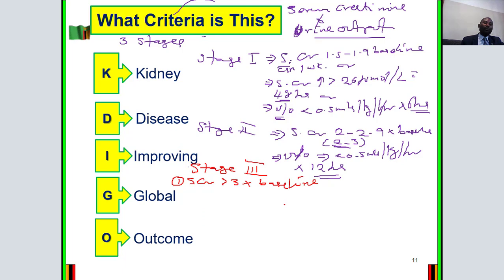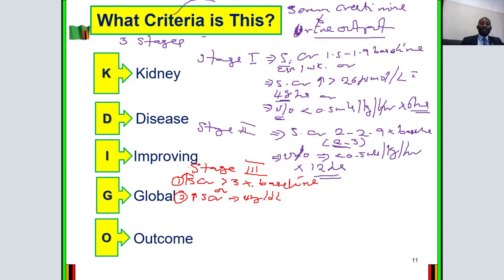Okay, to increase more than 3 times from the baseline. So serum creatinine will increase more than 3 times from the baseline. That is stage 3. Or serum creatinine increases to 4 milligram per deciliter.